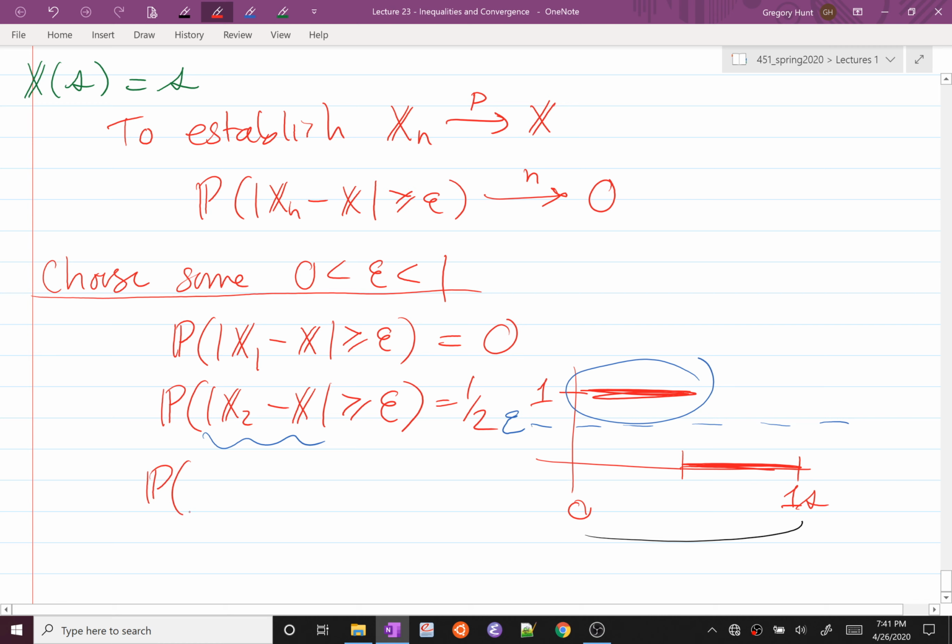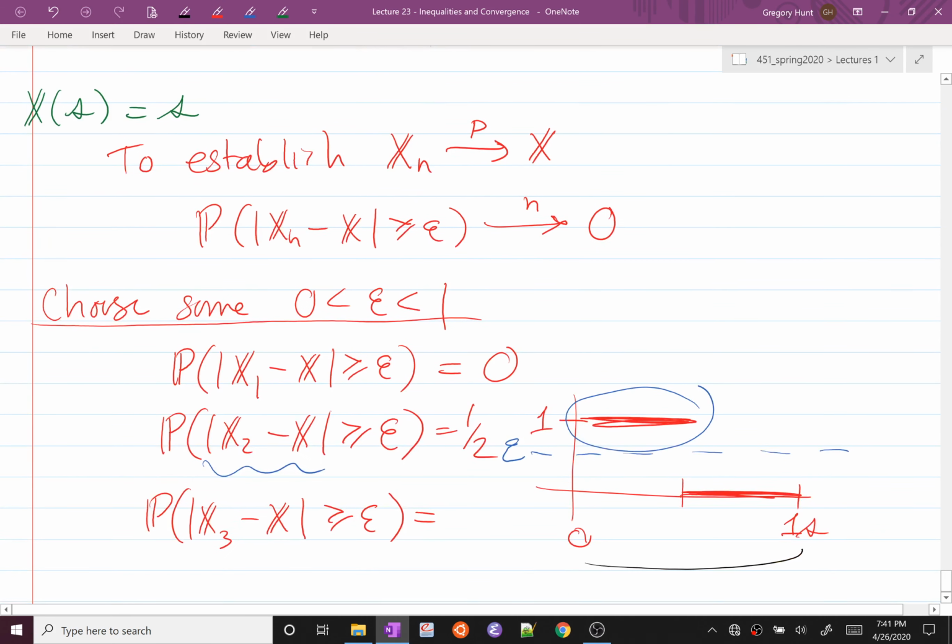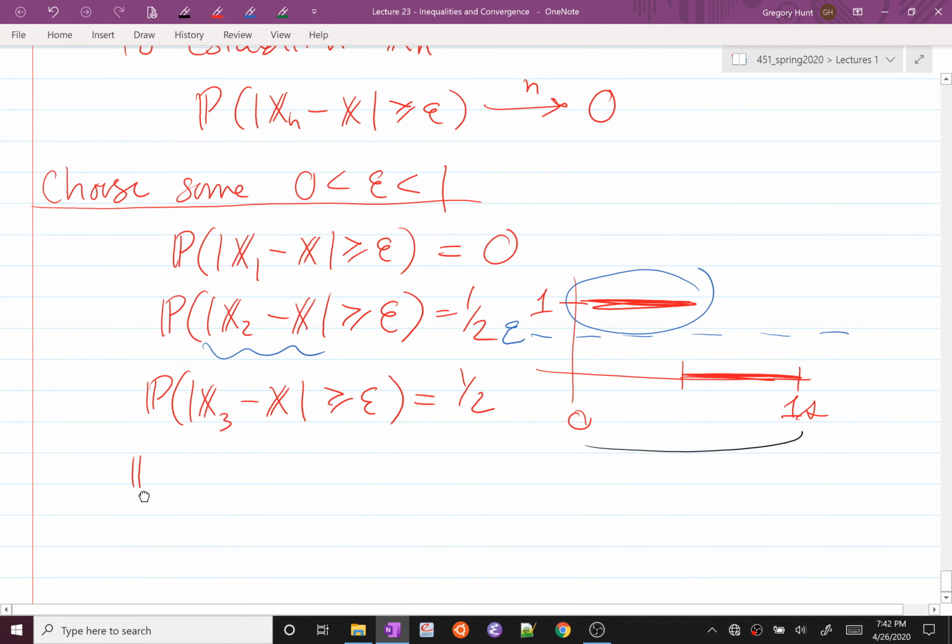And we can play the same game: x sub 3 minus x is bigger than or equal to some epsilon. And that now is just the indicator that we're in the second half of my interval. And the probability that we're there is also 1/2. And you can similarly play this game as you go along.